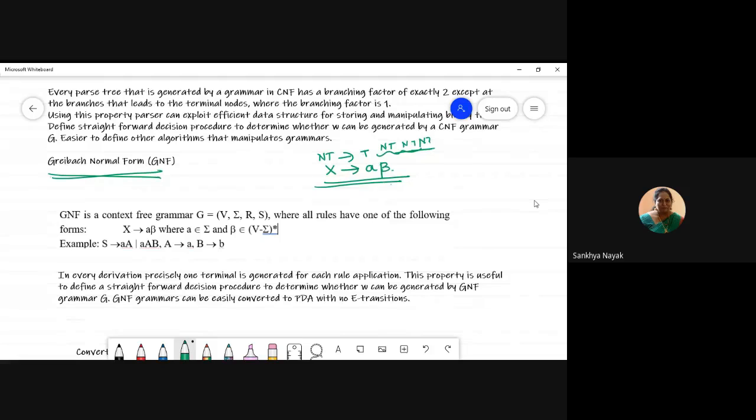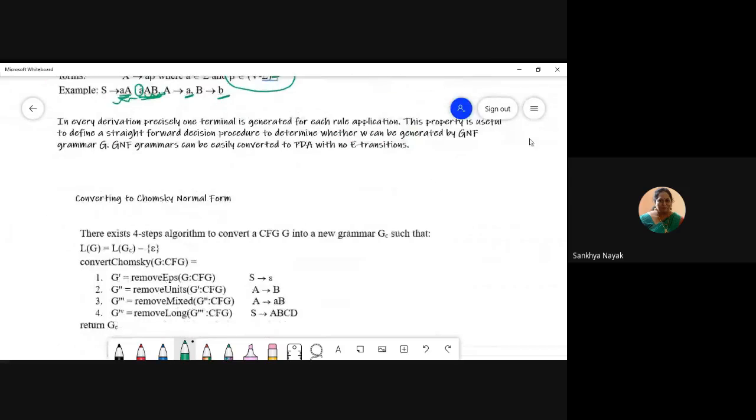Is that clear? So the only rule is, you can see here, first you should have a terminal, then you can have non-terminals. Of course, you can just have terminals also, when this beta becomes epsilon. How beta becomes epsilon is very clear from here. Star is there, no? So you can also have an epsilon. Okay. So these will help in making things simpler.